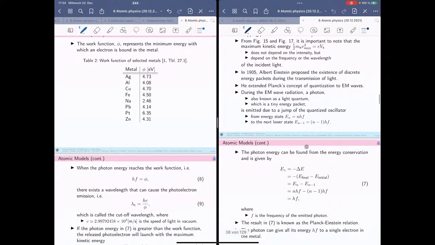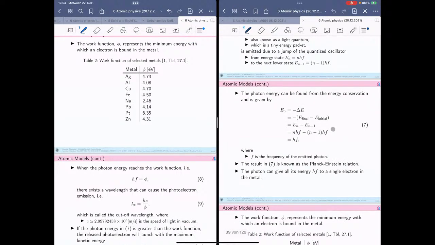It's EHF like this one, in equation number 7. If you equalize the photon energy to the work function, you can get the relation.